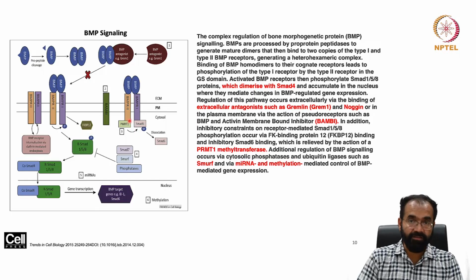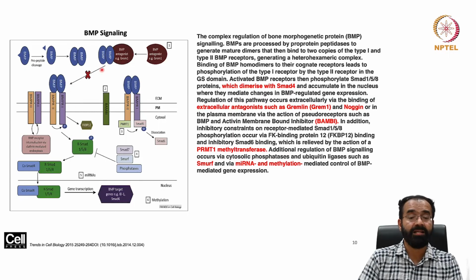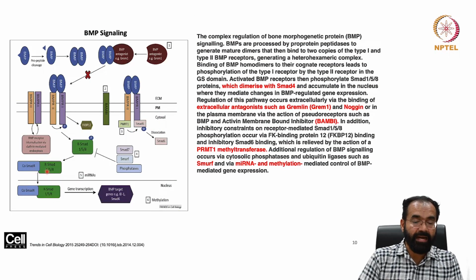So whatever we discussed is listed here. BMP gets activated and forms a dimer, and it can be influenced by its antagonist. If antagonists are present, the dimer will not get a chance to bind to the receptor. If the antagonist doesn't trigger, then they will bind, and the receptor can get activated and can trigger CoSMAD4 and RSMAD.